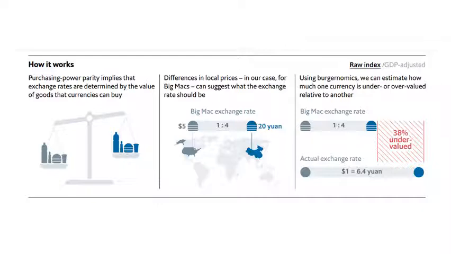So it's how much your currency can buy in your own market versus how much the US dollar can buy in its own market. And that determines an exchange rate, which then tells you if there's an implied exchange rate in that purchasing power system.